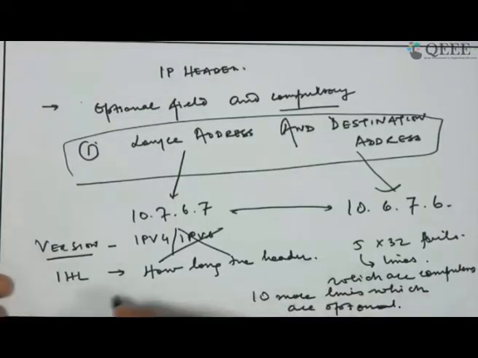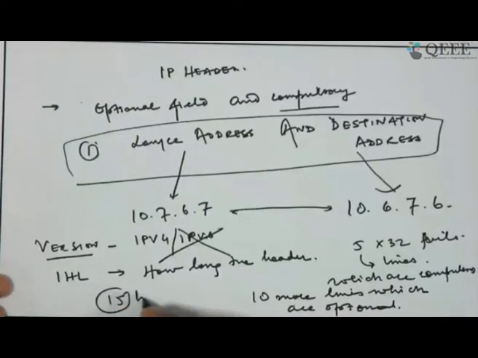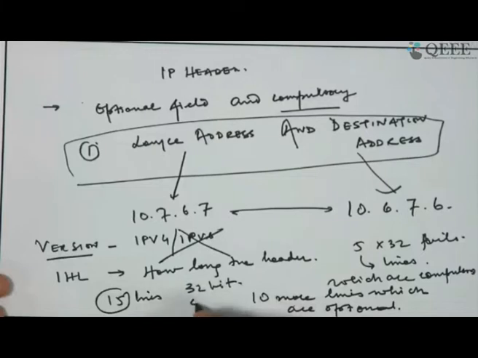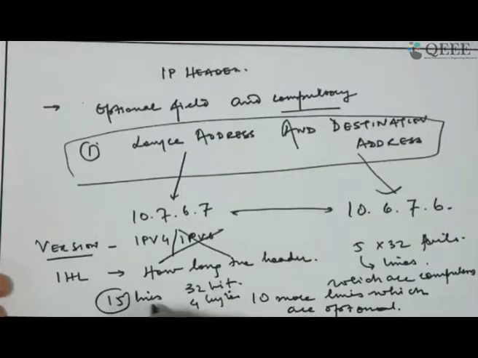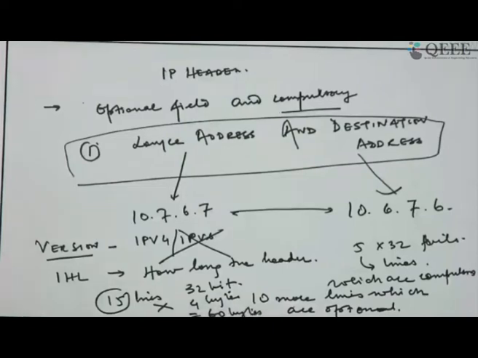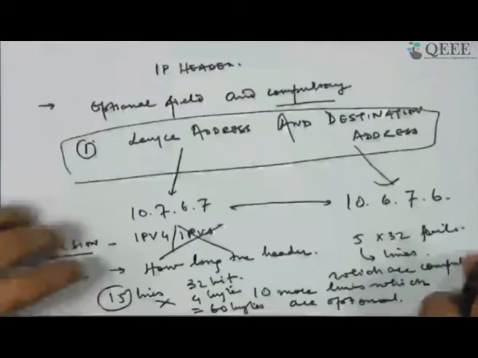That means the total is 15 lines, and 32 bits means 4 bytes, so 15 into 4 is 60 bytes.